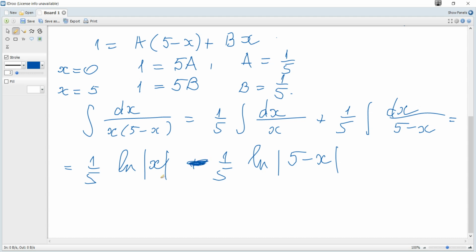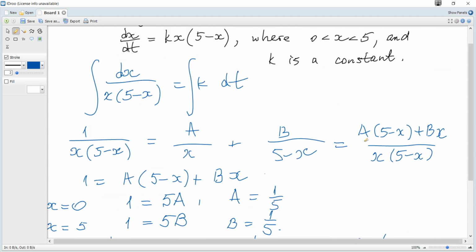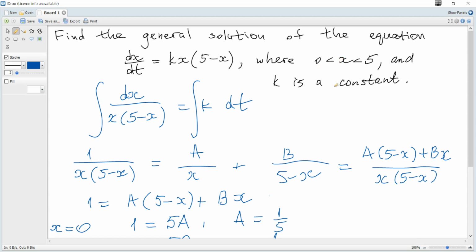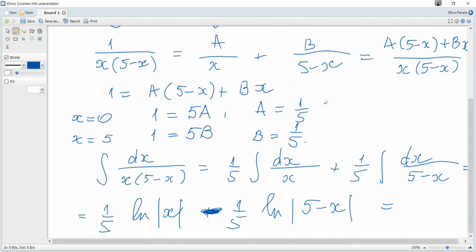Or in general, you should apply substitution u to be 5 minus x. And you can see that x is greater than 0 and less than 5.